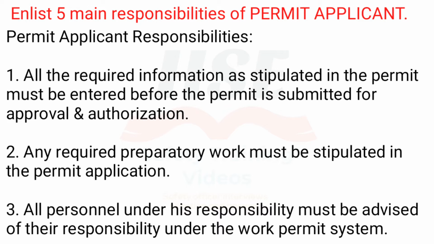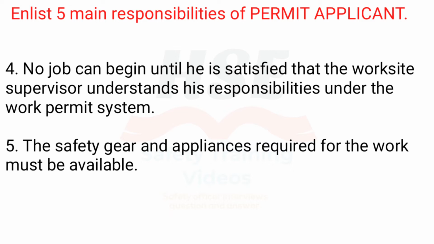All personnel under his responsibility must be advised of their responsibility under the work permit system. 4. No job can begin until he is satisfied that the worksite supervisor understands his responsibilities under the work permit system. 5. The safety gear and appliances required for the work must be available.